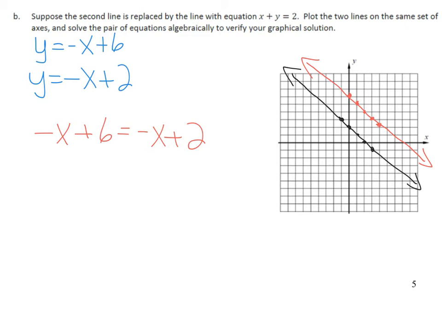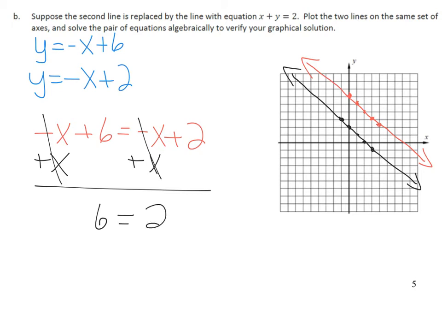So notice that if I add x to both sides, the x's will cancel. So you are just left with 6 is equal to 2. And since 6 does not equal 2, this tells us that the two lines are parallel, that they're never going to intersect. So let's take a look at question C now.